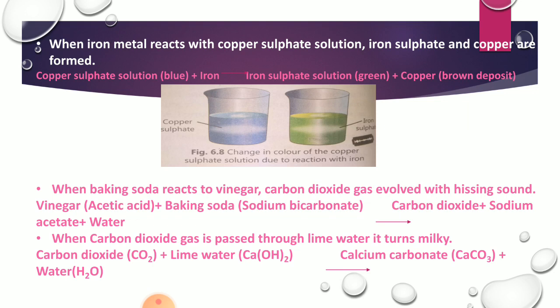That copper is present as a reddish brown deposit on the nail. So when copper sulfate solution reacts with iron, it forms iron sulfate solution, which is green in color, and copper. Again in this reaction, two new substances are formed. That is why it is a chemical change.